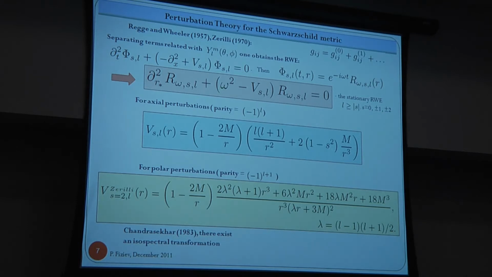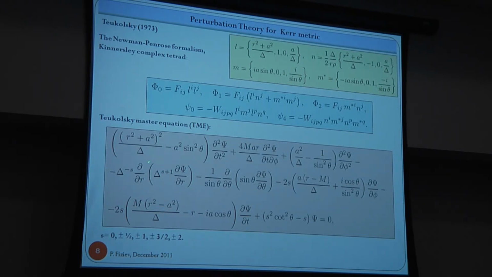Actually, this procedure invented by Regge and Wheeler works only for axial perturbations. In the case of polar perturbations, which was considered by Zerilli, we have the same equation with some more complicated potential. But it was shown by Chandrasekhar in 1983 that both problems are isospectral.